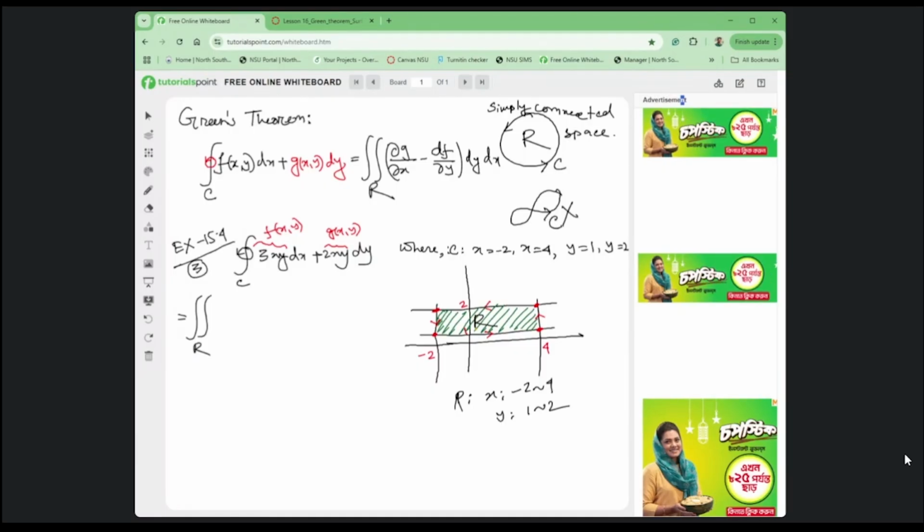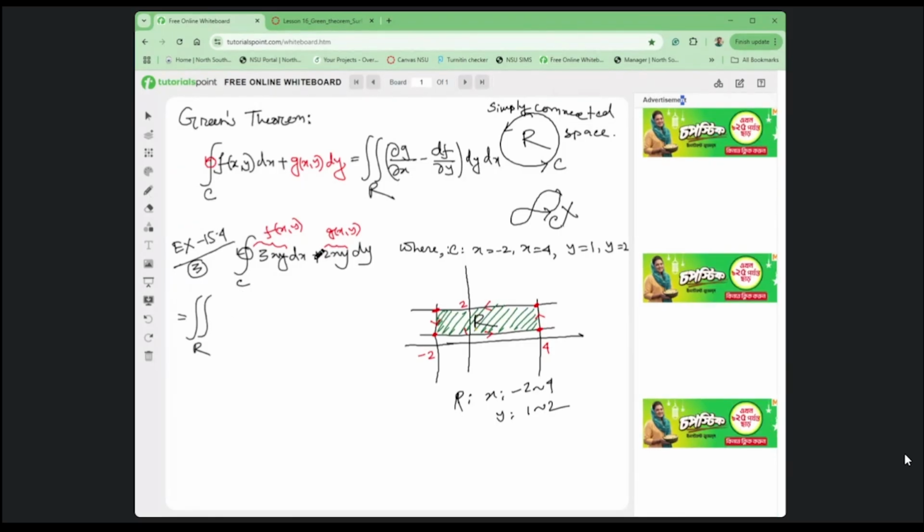Green's theorem will be applicable when this C encloses a closed region. Only for that purpose we can apply Green's theorem, and this condition is satisfied here. So what is g of xy here? 2xy. So del x of 2xy. What is f of xy? 3xy.